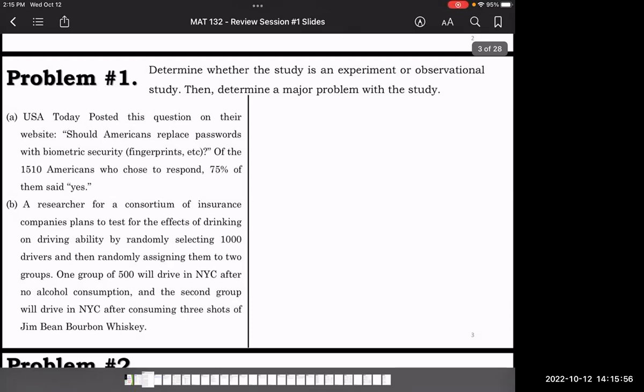Of the 1,510 Americans who chose to respond, 75% of them said yes. So for part A, do you think it's an experiment or observational study? Observational? Why do you think it's observational?